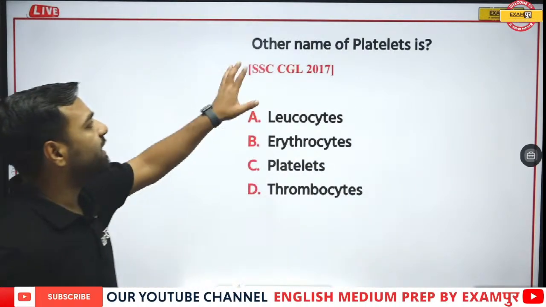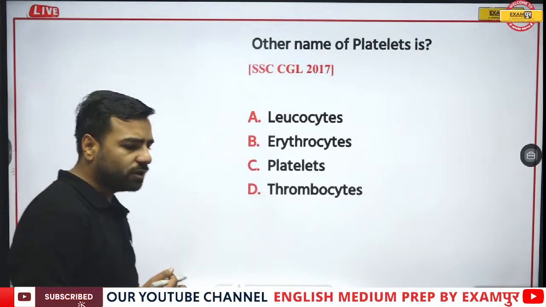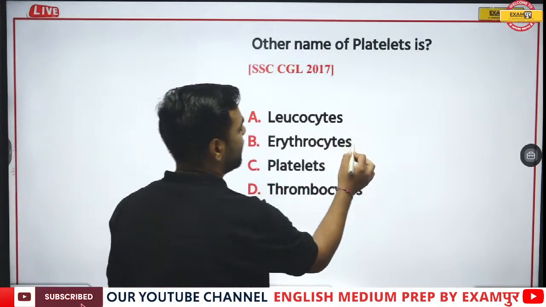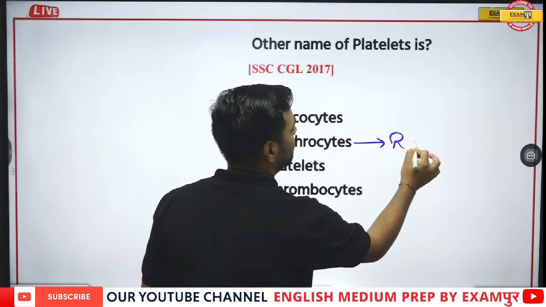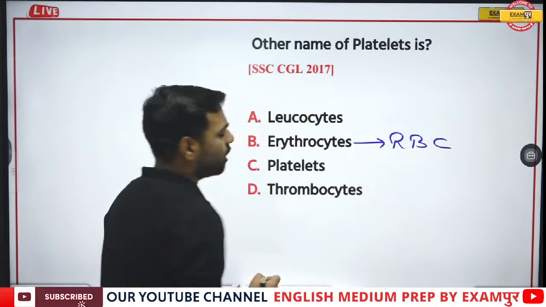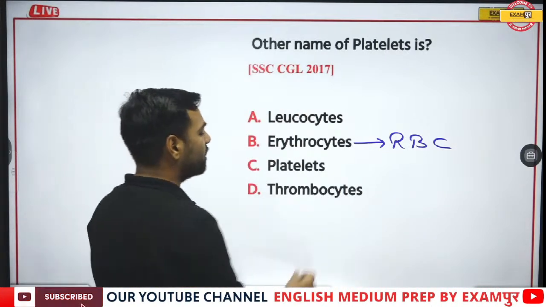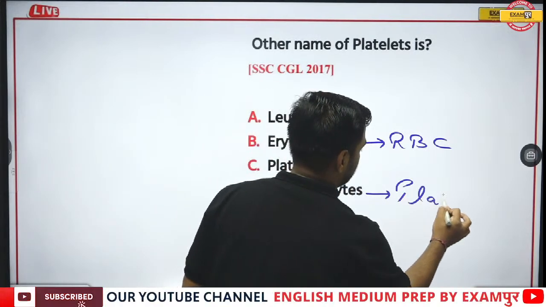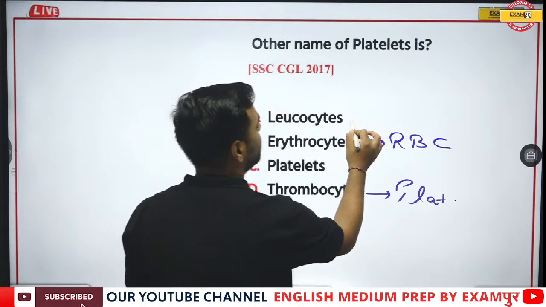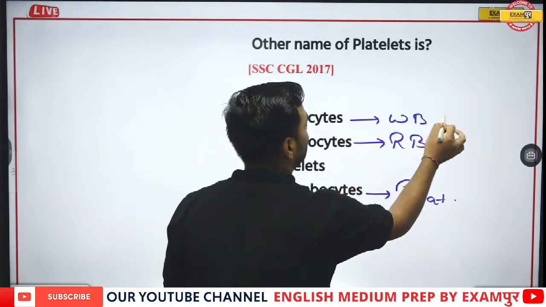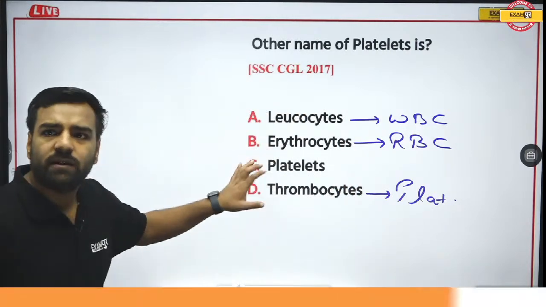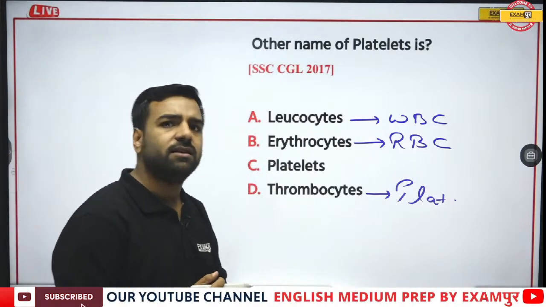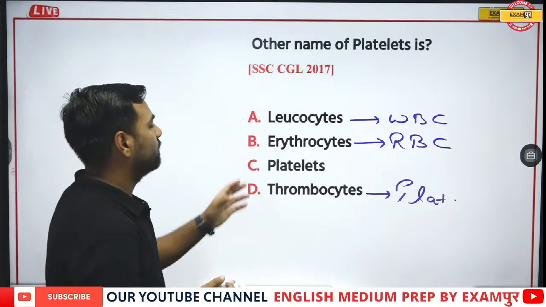Next question. Another name of platelets is what? If I talk about erythrocytes, it is your RBC. If I talk about platelets, they are your thrombocytes. And if I talk about leukocytes, they are your WBCs. Priya has given answer B, that is erythrocytes.